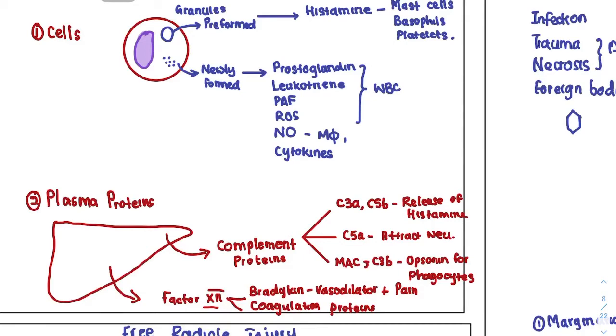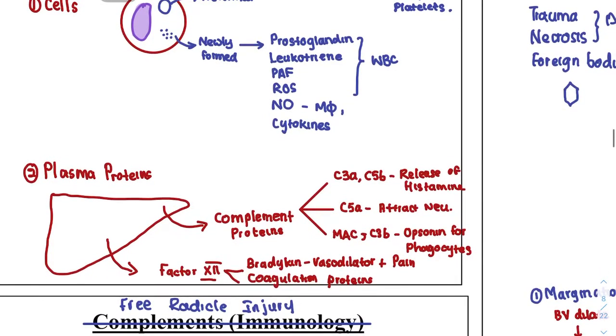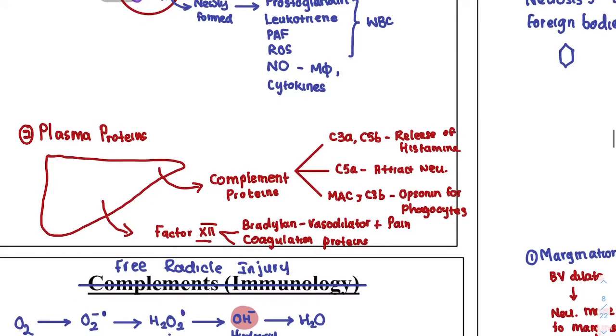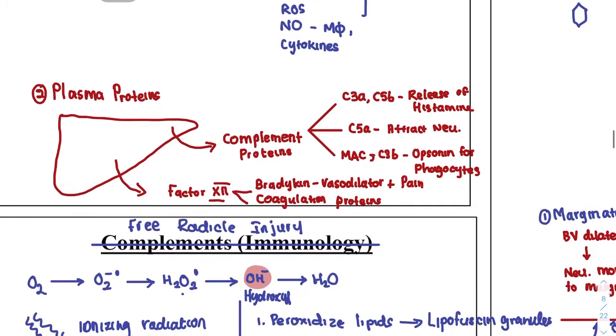These molecules you will learn more in immunology, but I will just tell you these. Prostaglandins, leukotrienes, PAF, platelet activating factor, ROS, reactive oxygen species, nitric oxide, this is secreted by macrophages, and cytokines. Next, we have some proteins which are produced by the liver.